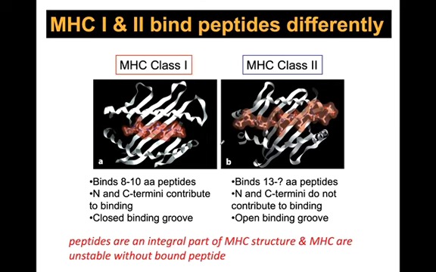And if you don't have a peptide bound to that MHC, it's quickly internalized and degraded. So it's important for, if there's MHC on the cell surface, that there is a peptide bound to it. And so we'll talk about how you're always keeping a peptide there and ensuring that there's something to be presented to a T cell.